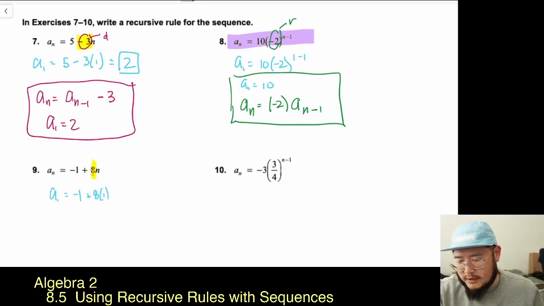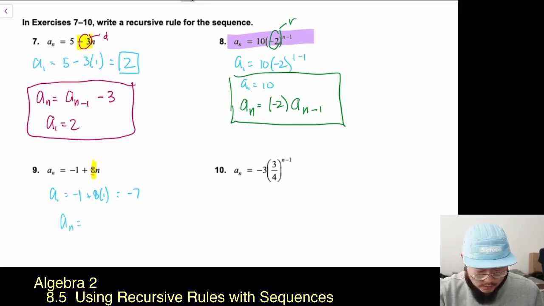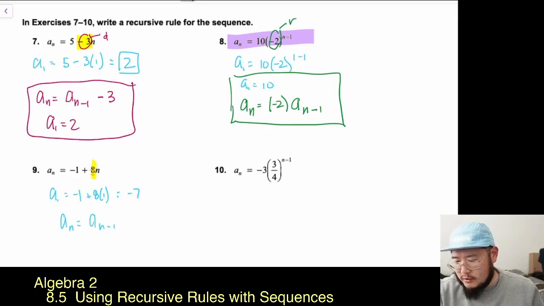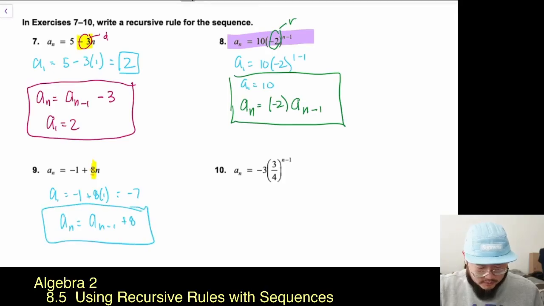So that ends up equaling -7. So for our rule, we have a sub n is equal to a sub n minus 1, and then we've got our common difference, which is going to be plus 8. There's your rule.